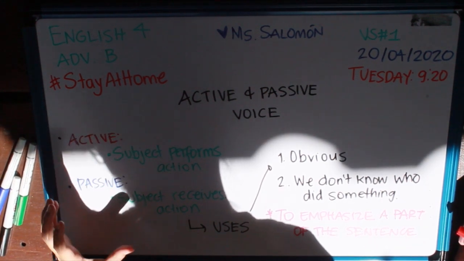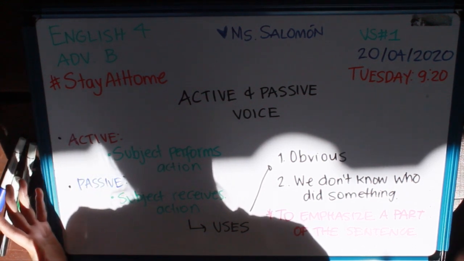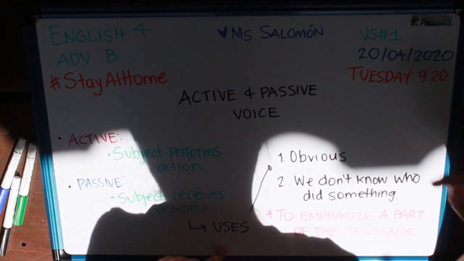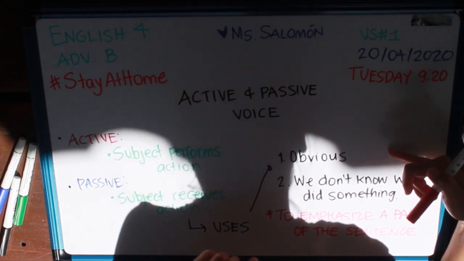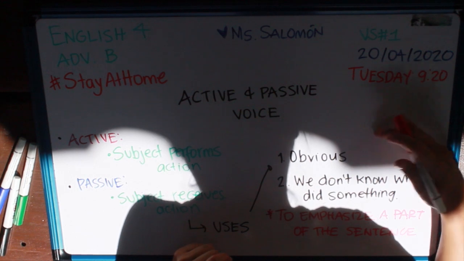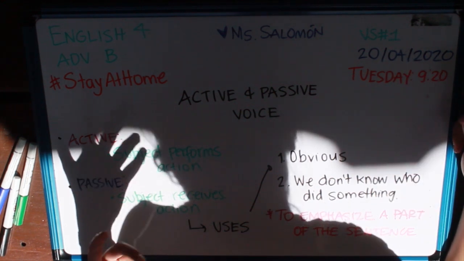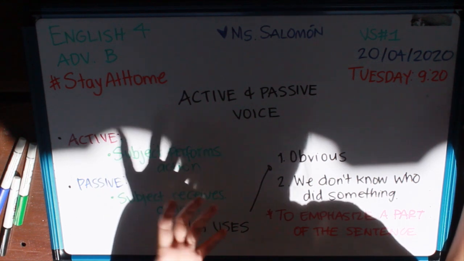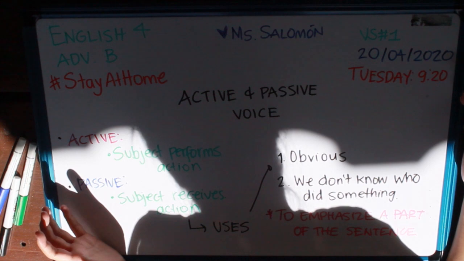We're stating the same things as in active voice, just that we're emphasizing a different part of the sentence. Now, we would use it to avoid stating something obvious, like the example we saw recently, or when we don't know who said something or who did something, or we don't really care who did it. So this is active and passive voice.